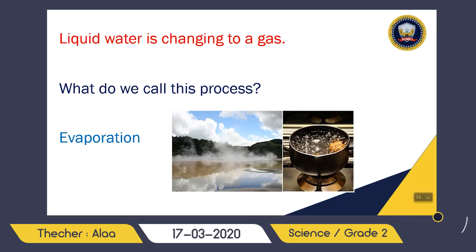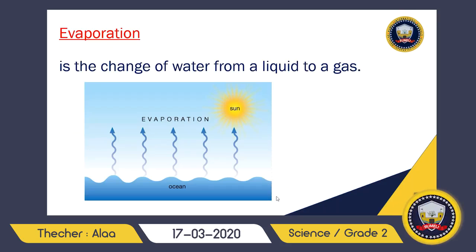If we add heat to water, liquid water turns into a gas, and this process we call evaporation. Excellent. So evaporation is the change of water from a liquid to a gas.